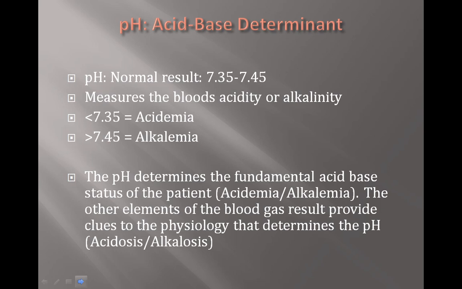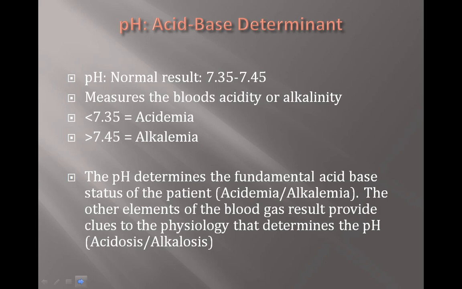Now, an acidemia and an alkalemia are not the same thing as an acidosis and an alkalosis. The easiest way to remember this is to recognize that an acidemia and an alkalemia are assessments of the blood pH, and the acidosis and the alkalosis are the physiological conditions that actually cause the acidemia and the alkalemia.